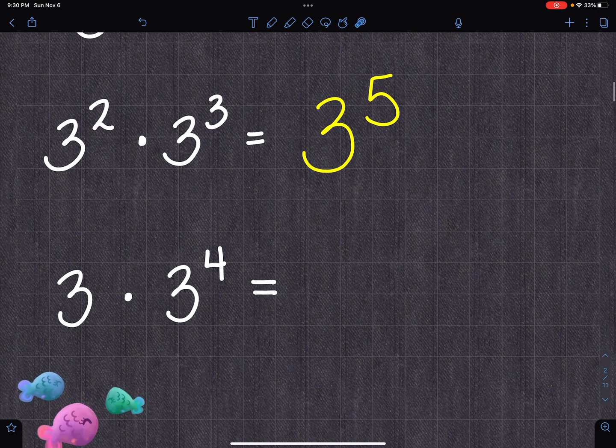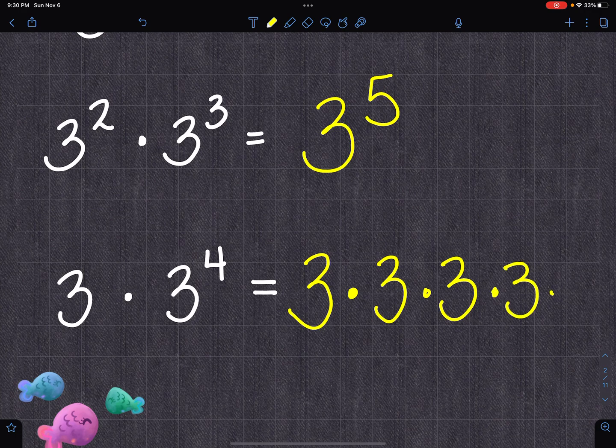Okay, here's another example. What about 3 times 3 to the 4th? Well, 3 is just a 3. I mean, it's just a 3. You're not multiplying it by anything. But 3 to the 4th, if I were to write that out, it would be 1, 2, 3, 4. This is also another example of 3 raised to the 5th.